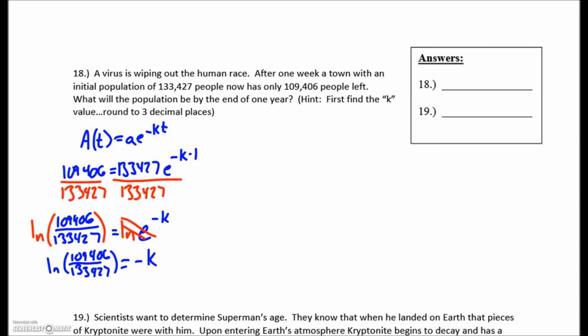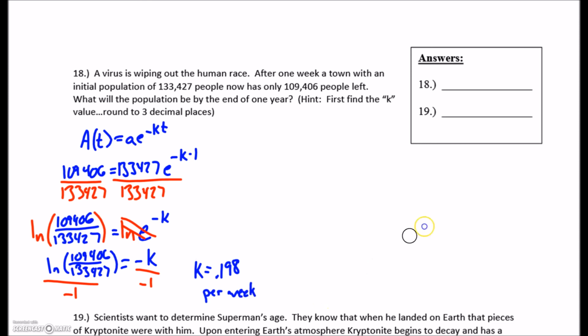And now I'm just going to divide each side by that negative 1. All right. So it becomes a job for my calculator. I'm just going to go ahead and plug this in. And it told me to round this to 3 decimal places. So I end up with a k value of 0.198. Okay, and that's per week because my time was in weeks.